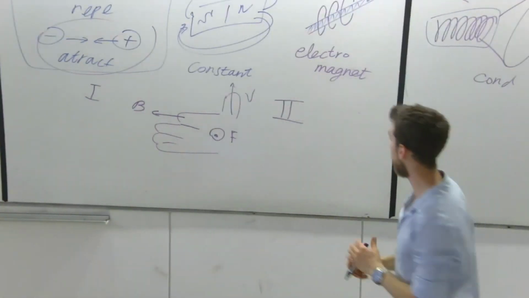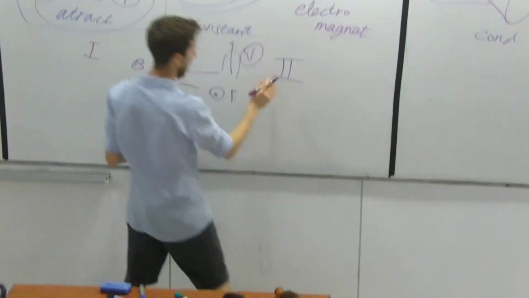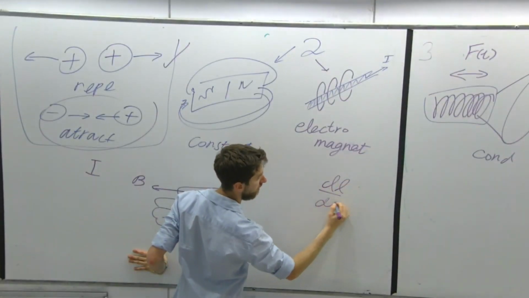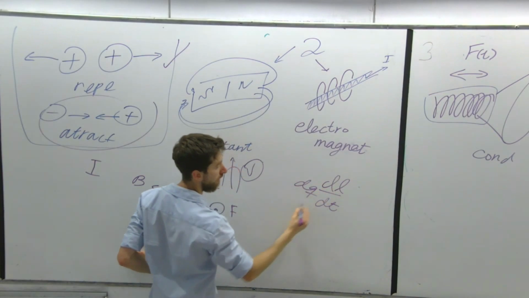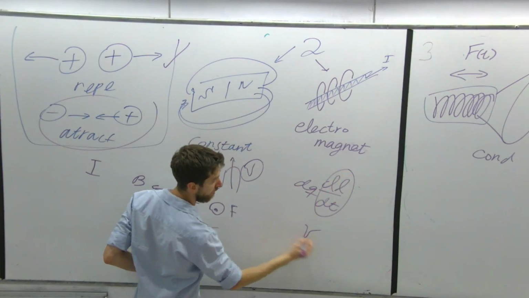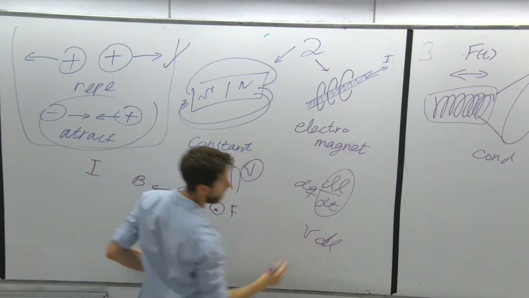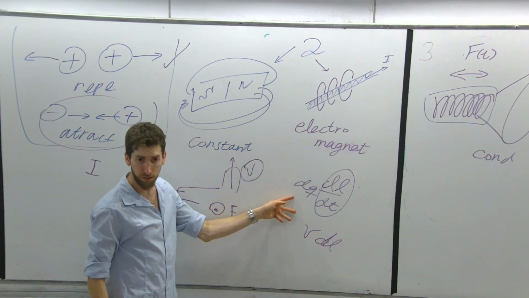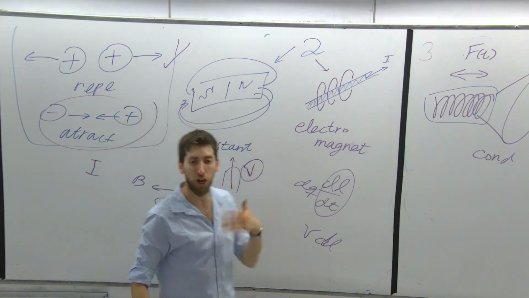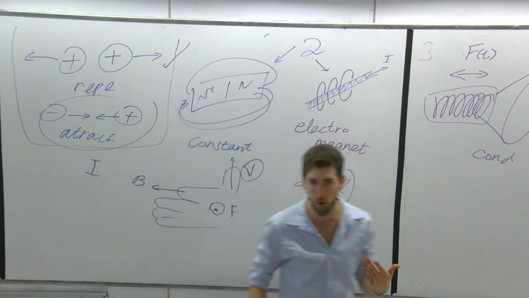Remember, the velocity is actually parallel to the current. We just saw it: dl, dt, dq. So this term is the velocity, dl. This term is actually equivalent. You understand what I mean? So V is where the charge is going, like a current.